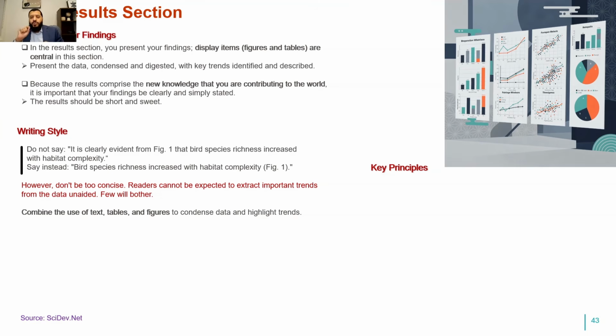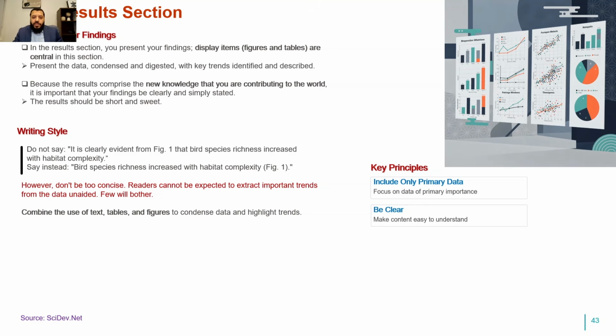So you have to use the text in your results section to aid the reader to understand the findings and the trends. And remember, very important to feature unexpected results and provide necessary statistical analysis to ground your claims.